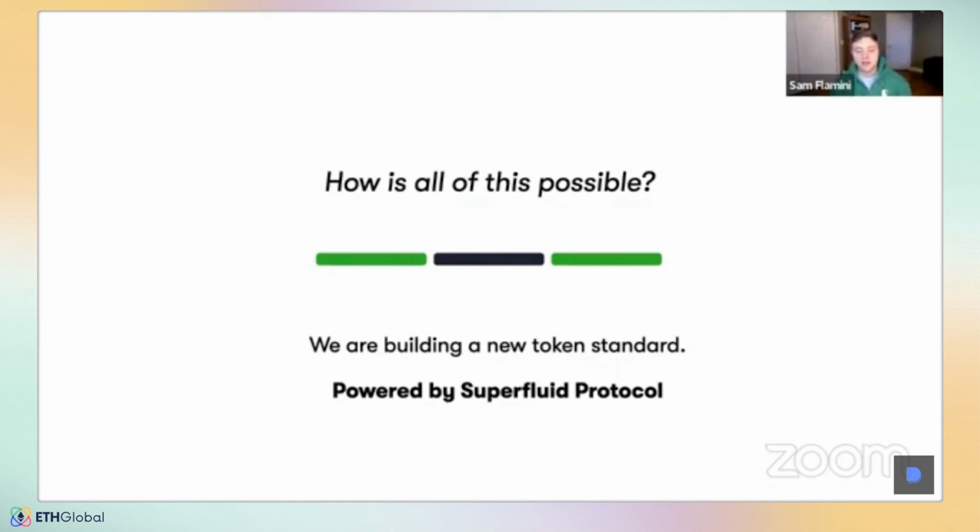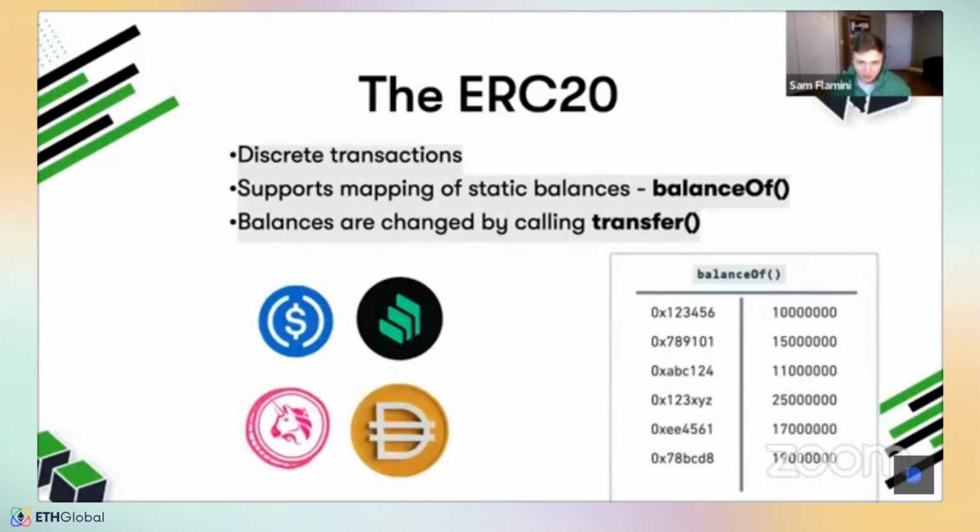So before we talk about what this is, what the super token is, we have to talk about the ERC20, right? Because this is the foundation of the super token as well, right? So what does the ERC20 let you do, right? Well, the ERC20 is built around discrete transactions, right? It works a lot like the debit card transfer that I mentioned earlier, right? It supports a mapping of static balances that you can read with balanceOf, and balances are changed by calling transfer, right?